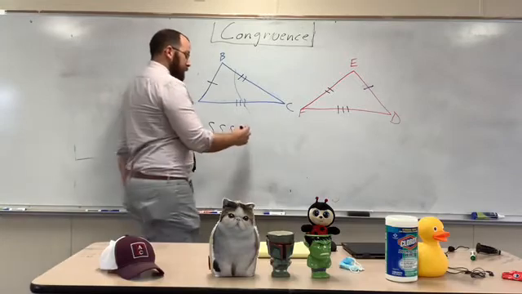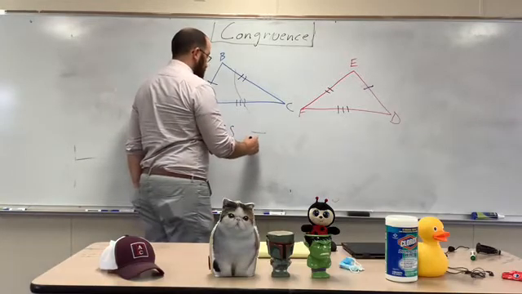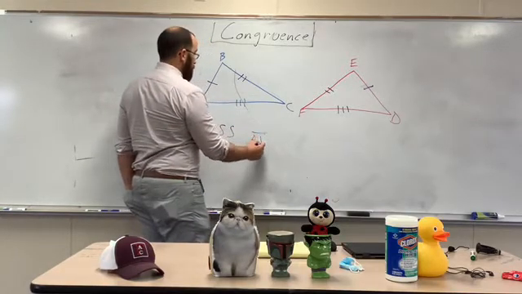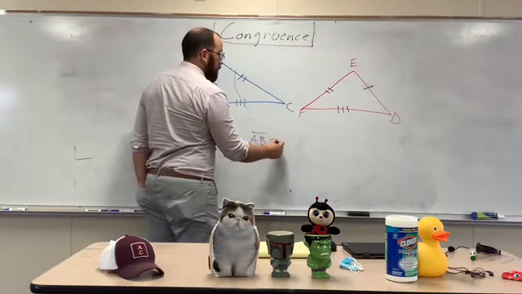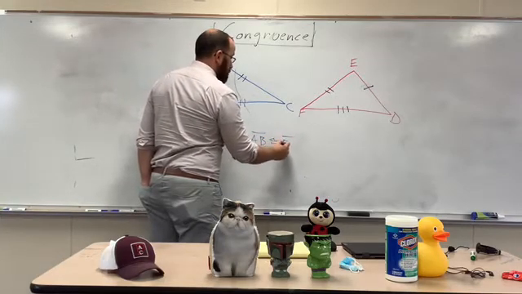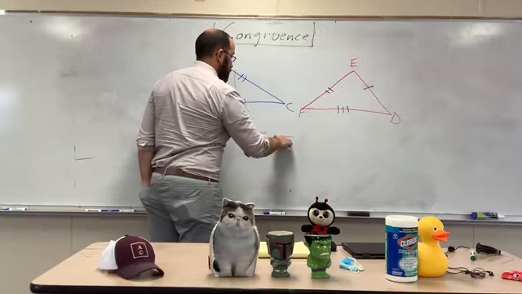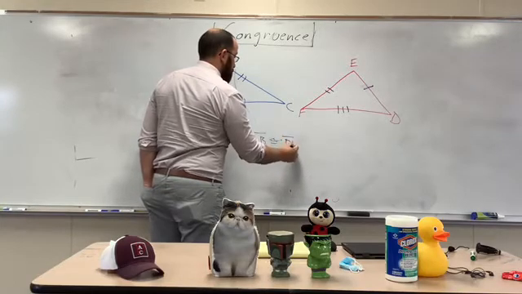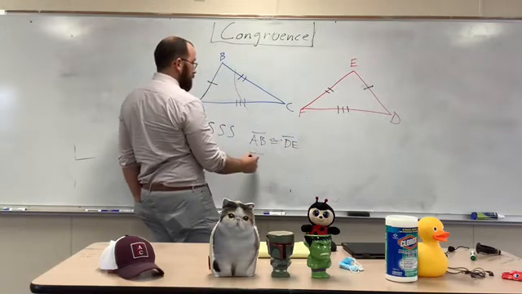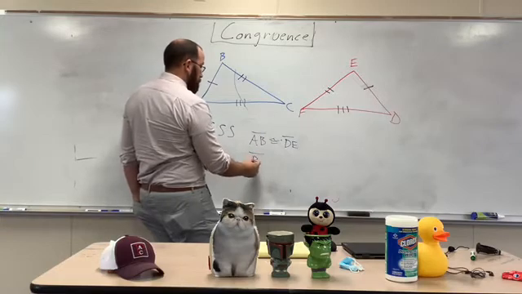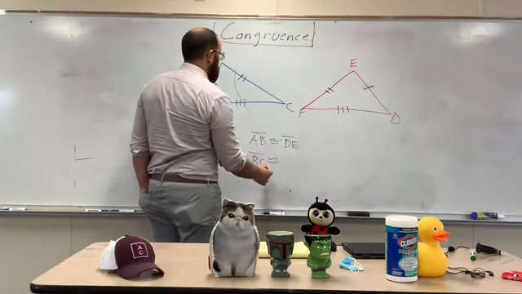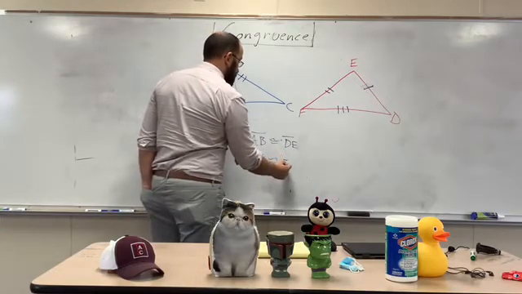How that might be written is I say line segment AB is congruent to line segment DE. Then line segment BC is congruent to EF.